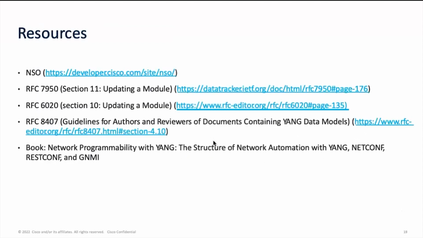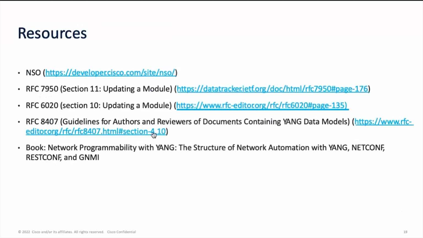Okay, resources. You have access to NSO via this link. Of course, the RFCs regarding Yang, 7950 and 6020, that talk about the update rules in order to maintain backward compatibility. There is also RFC 8407, which is a guideline for authors and reviewers of documents containing Yang data models.